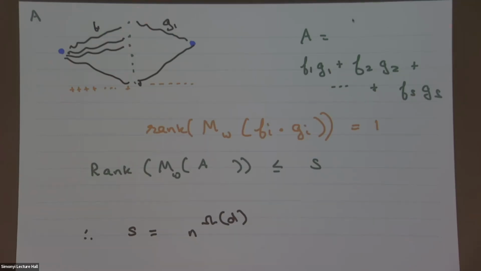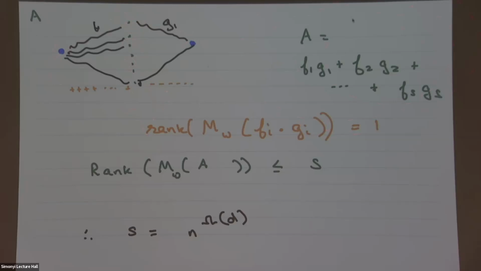And now for the final polynomial computed, let's look at the polynomials computed along the S vertices in this middle layer. Suppose F1 is the polynomial computed from here to here, and G1 is the polynomial computed from here to here, then this is one path I can take in the ABP, and it's not hard to see that the final output looks like F1 G1 plus F2 G2 plus F3 G3 through FS GS.